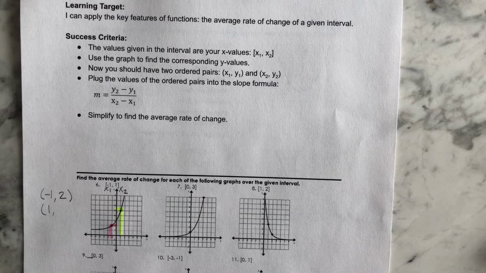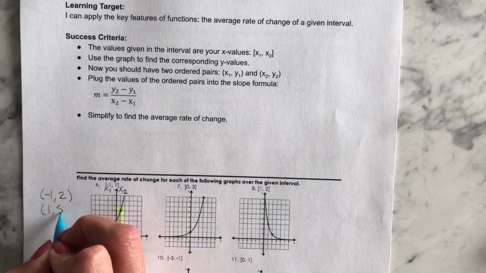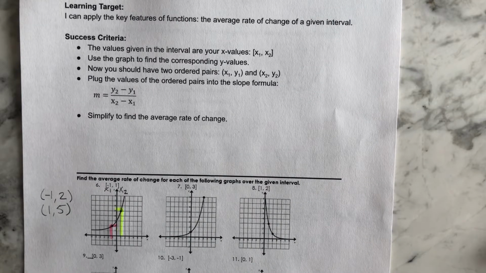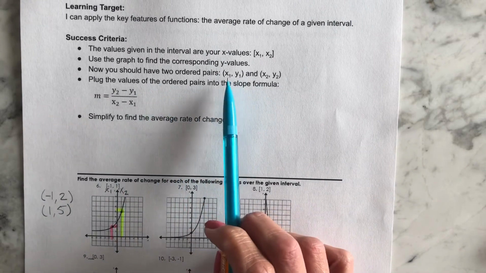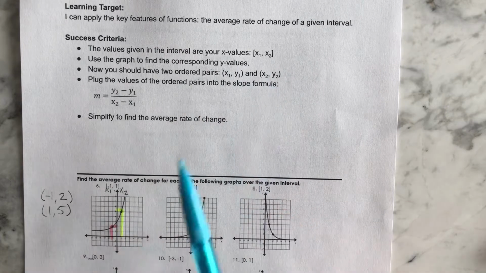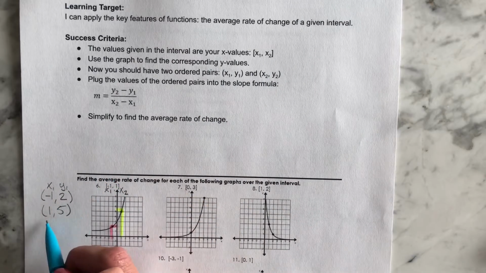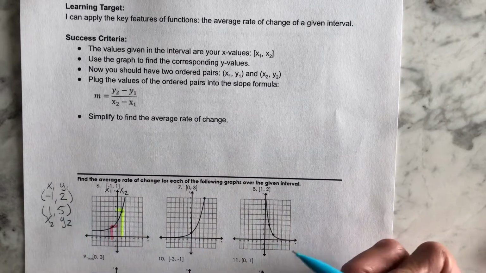So the y value is 5 when x is 1 on the graph. So now I have my 2 ordered pairs. So this would be my x1, y1, and this is my second ordered pair, so I'll call this x2, y2.